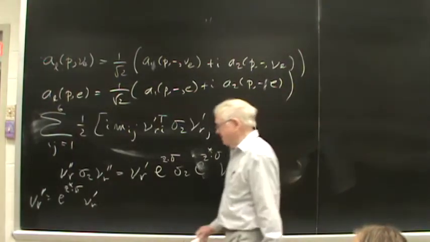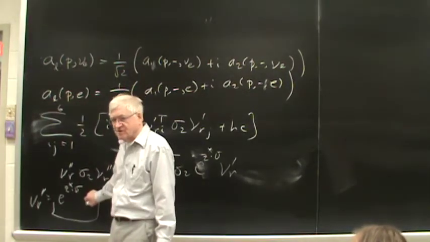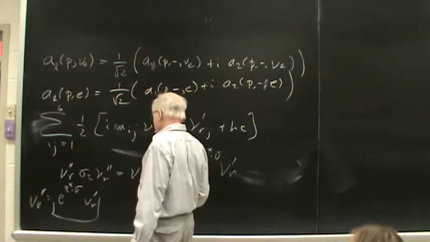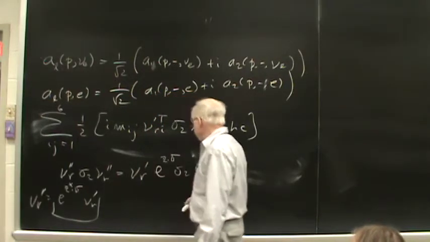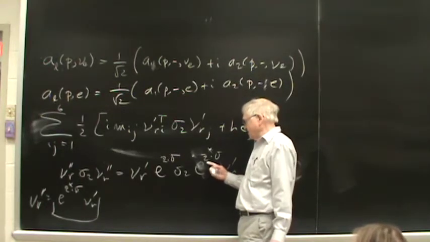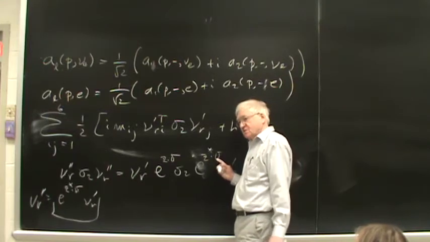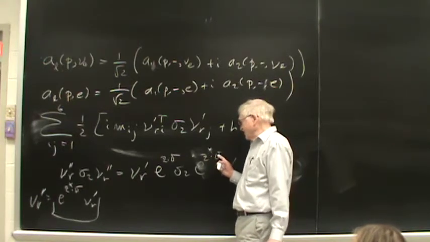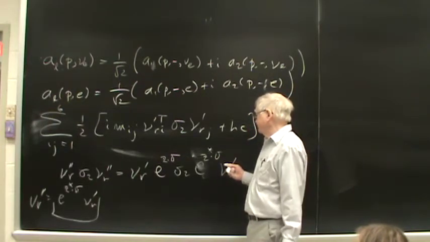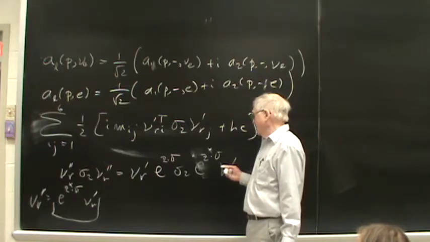All right, so this is how right-handed fields transform under Lorentz transformations. And now, if we pull the sigma 2 through, what happens? It flips the sign of sigma 1 and sigma 3, leaves the sign of sigma 2 invariant. But sigma 2, wait a second.